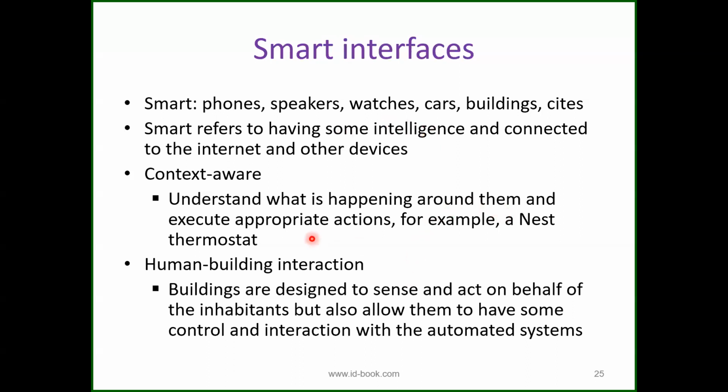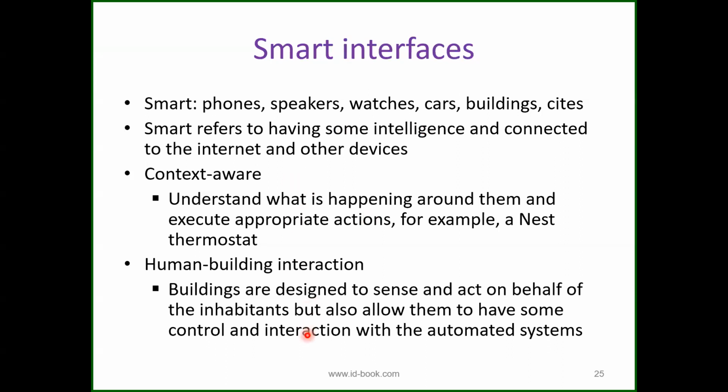For example, a Nest thermostat, or a smart car. A smart car can drive itself, and there are cameras mounted on the four sides of a car, which take care of saving it from an accident. So if another car comes very near to this car, then the camera and the distance calculation is very important, which is a part of context awareness. It must know what is happening around it to take some actions.